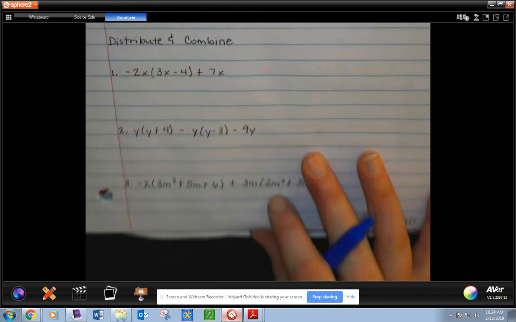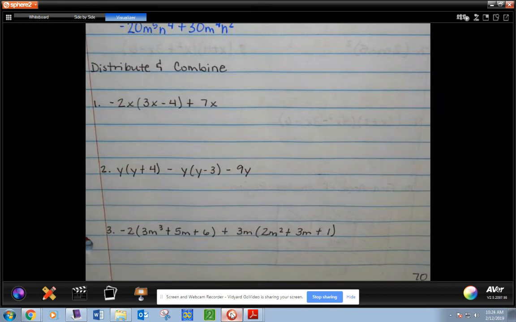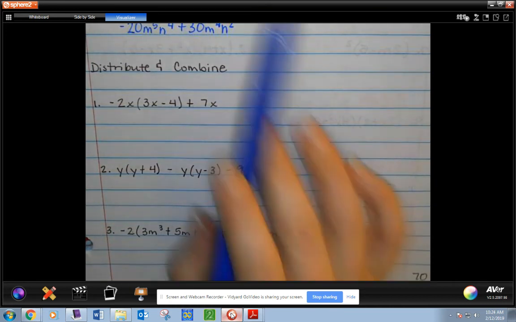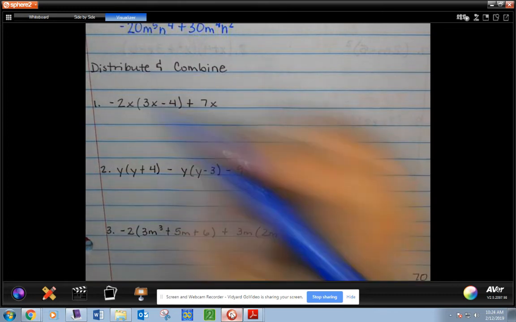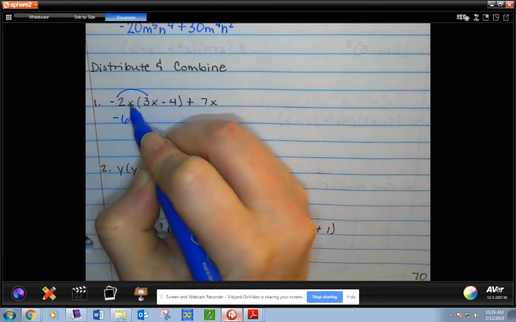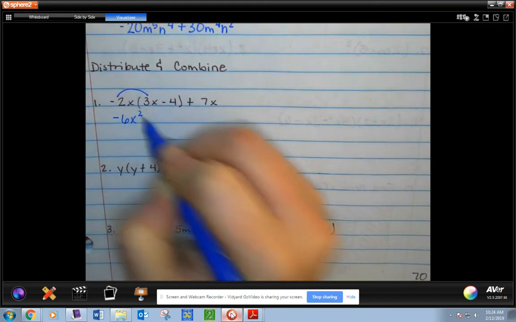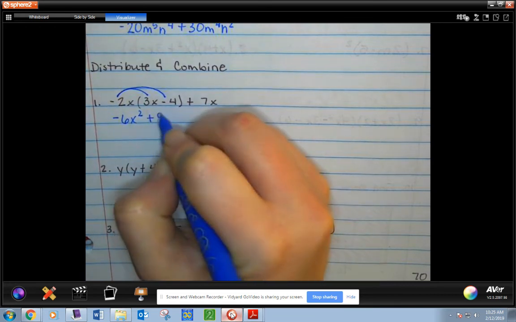From here, what we are going to do is distribute and combine. So I'm just putting two steps together. You're still applying that multiplication rule you just learned, but now you have to combine like terms. So we're going to take negative 2 and times it by 3, which gives me negative 6. x and x makes x squared. I'm going to take negative 2 and times it by negative 4, which gives me positive 8.